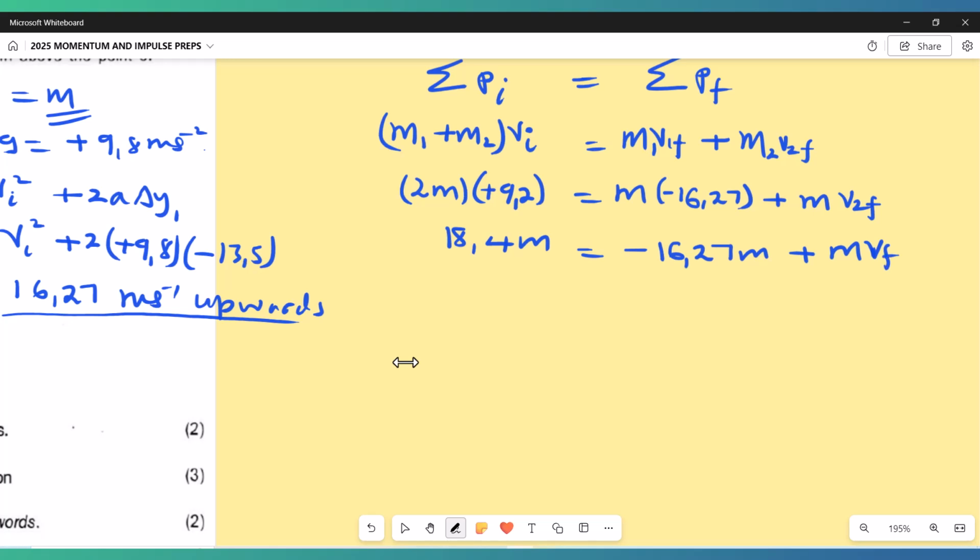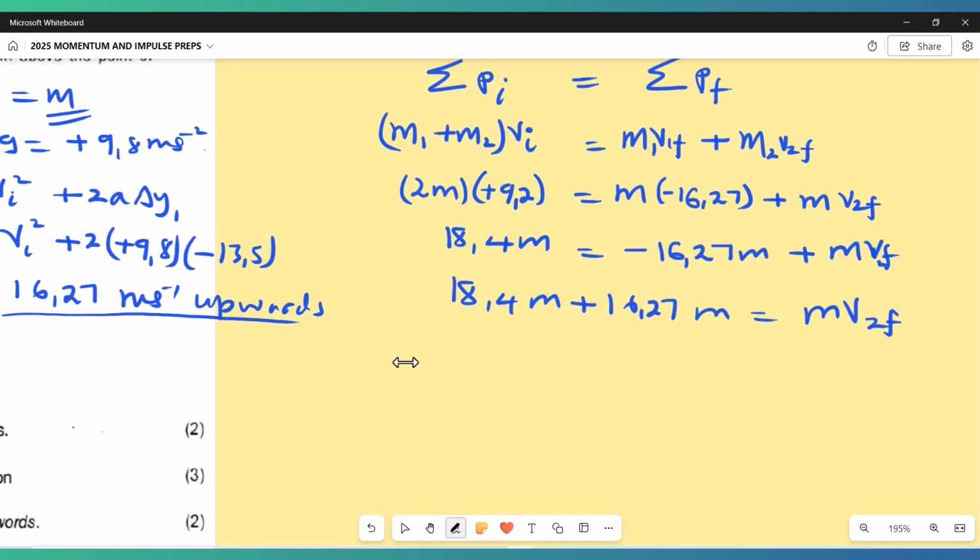Here I can divide through by m, or I can bring the 16.27 to the positive side. So 18.4 m plus 16.27 m equals m v2 final.